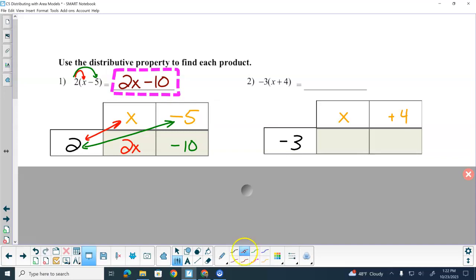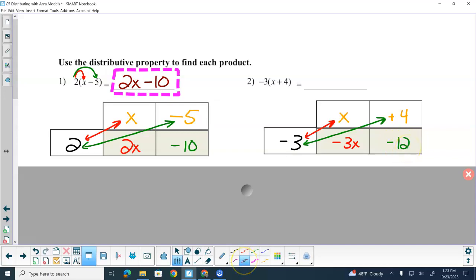Okay? -3 times x is -3x. -3 times +4 is -12. Okay?